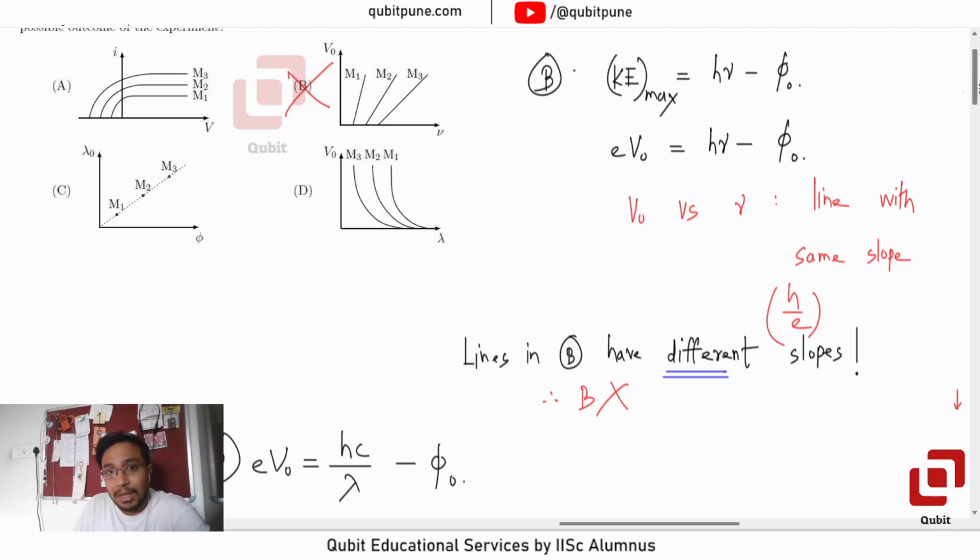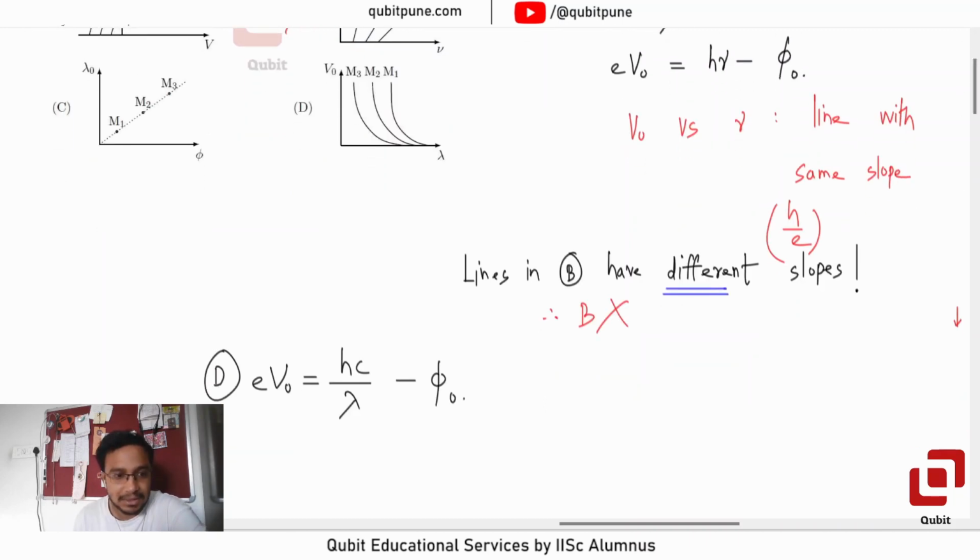Got it? Now let us consider some wavelength. Let lambda be equal to, let us say, lambda prime, and let that lambda prime be somewhere here. Let me zoom in a bit.